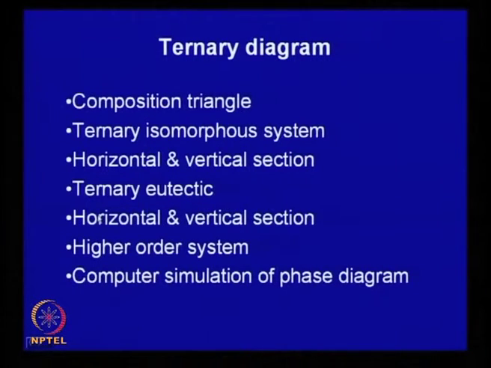We will look at horizontal and vertical sections of this ternary eutectic system, and from this we will see the complication: if you go to higher order, it will be impossible to represent in 2D. There the only way we can extend or understand phase equilibria is through mathematical models or computer simulation. So, this is what we are going to cover today.